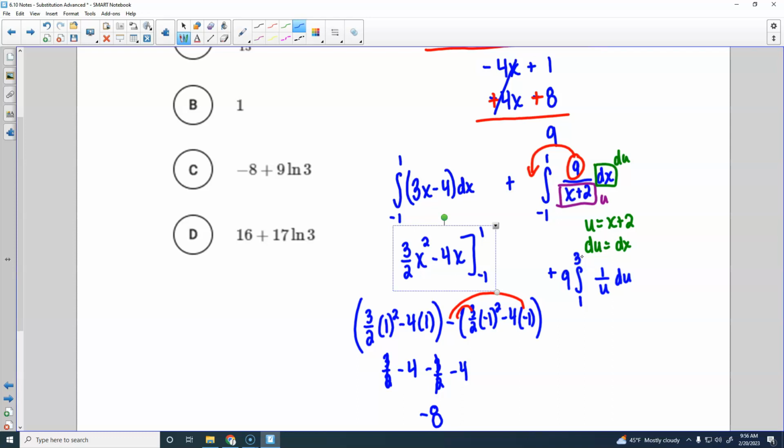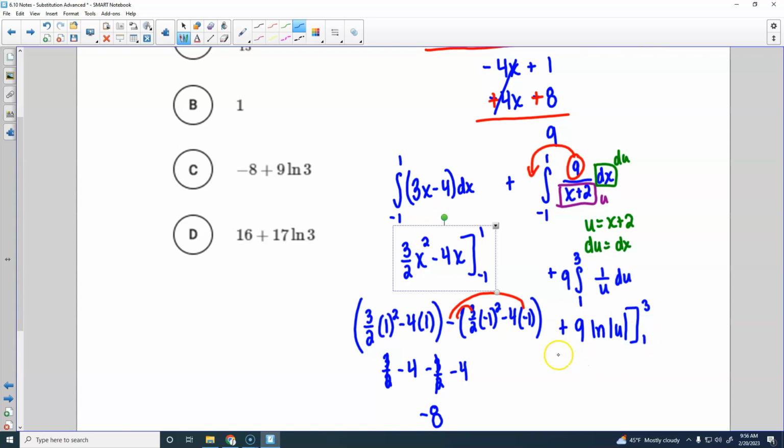It actually might be D. Let's see. So I've got 9, my integral of 1 over u, what is it? Natural log of the absolute value of u. And I'm going to evaluate that from 1 to 3.